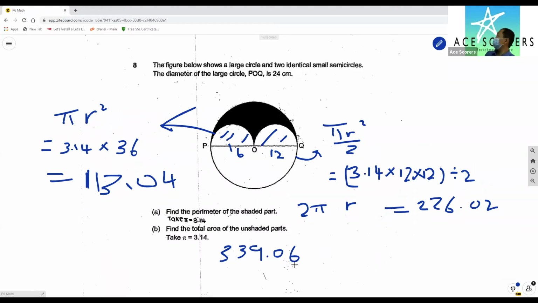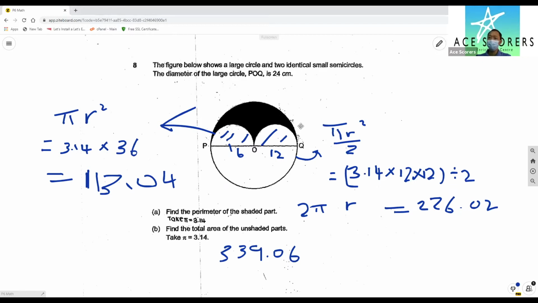Is that right? Yeah. Wait, but the answer was 339.12. So I got some mini calculation decimal error, yeah? That's fine. Next.